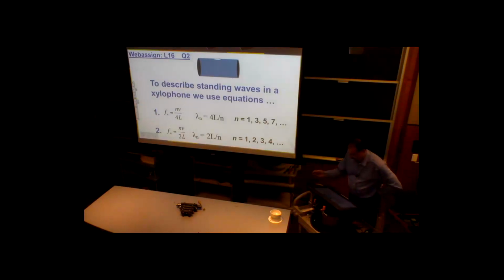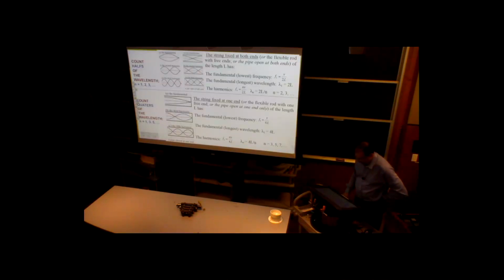I like 2. There's no motion here, there's no motion here, but there's supposed to be motion here because the generic profile of any standing wave looks like this. So if we have no motion, we call it the node, and with another node, the shortest part of a wave which fits this tube looks like this. And this picture represents a standing wave generated on a string.